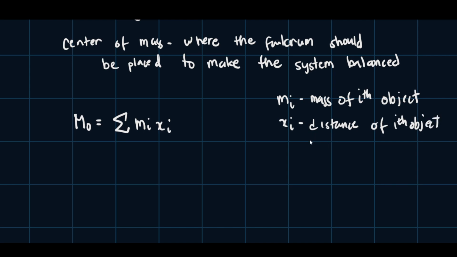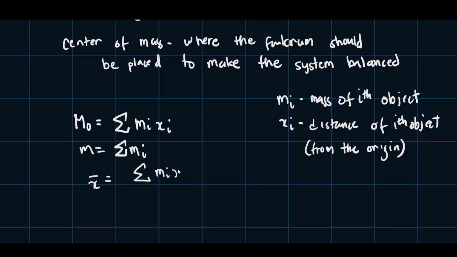This one is relative to the origin. And of course, the total mass is given by the sum of all individual masses. So in terms of the summations, the center of mass is given by the summation of m sub i, x sub i, all over the summation of m sub i.